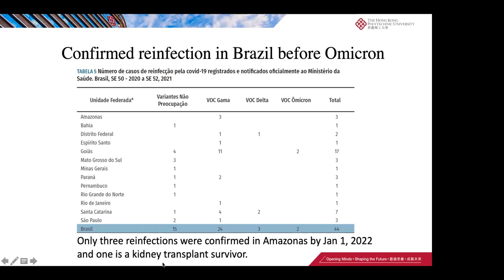Among the 3, actually one of them was a recovered patient. So my conclusion is reinfection is low, not like 50%. If you tell me that you only confirmed 3, how serious is that claim?